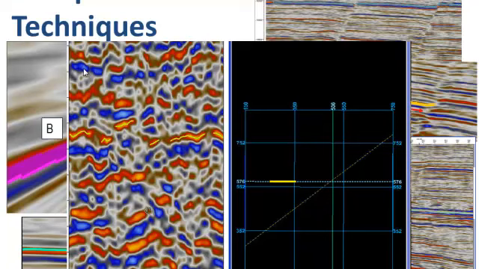Some other geophysicists choose another technique of interpretation, zooming out in order to capture the whole reflectors, the whole section, to see everything. It does affect the resolution for sure, but it's another kind of technique for the interpretation.